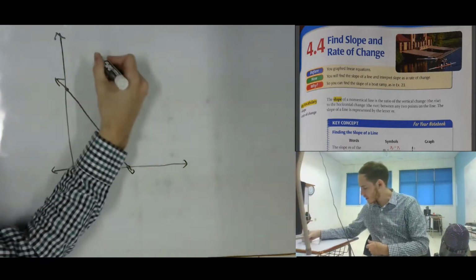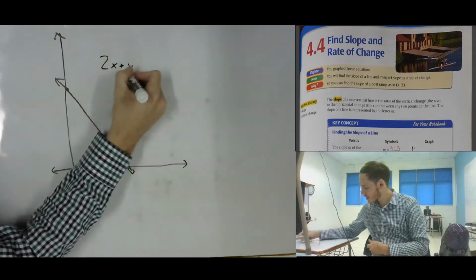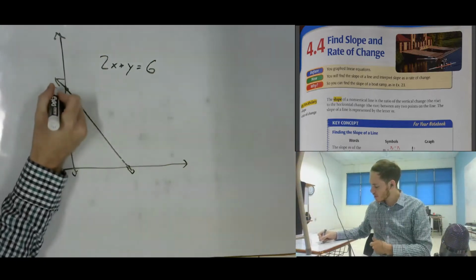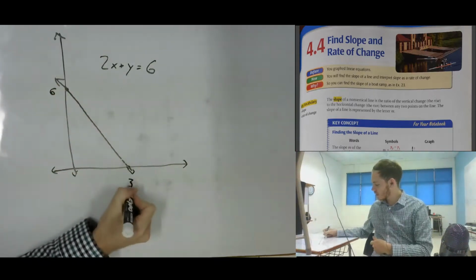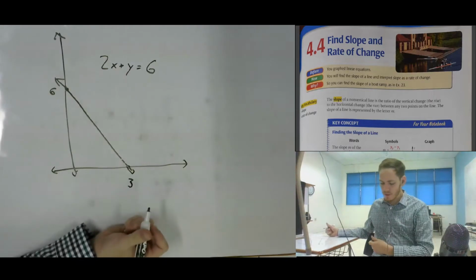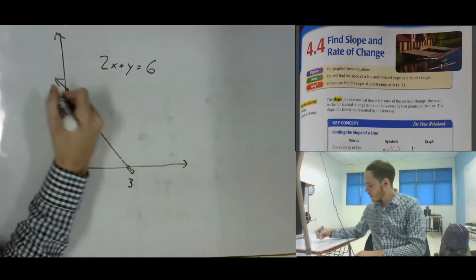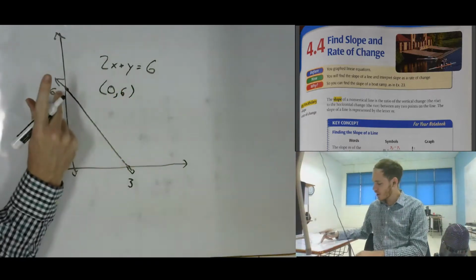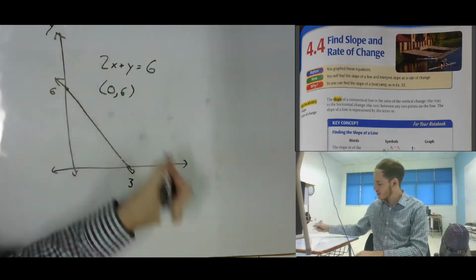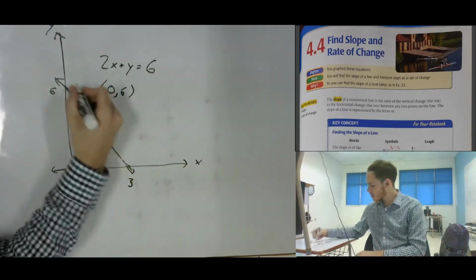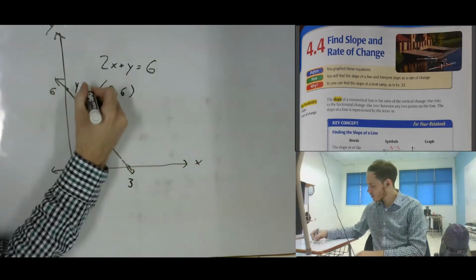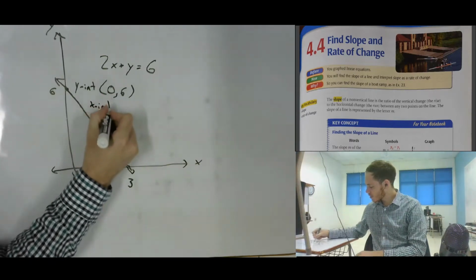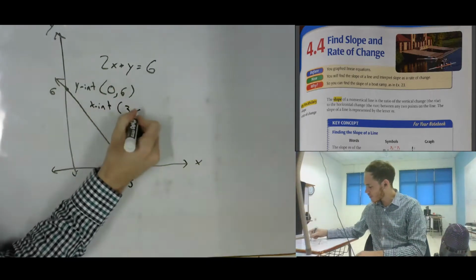A hypothetical example: 2x plus y equals 6. So how do we find our intercepts? The y-intercept would be (0, 6), where a line hits the y-axis, and the x-intercept is (3, 0).